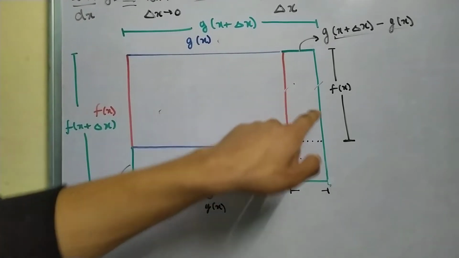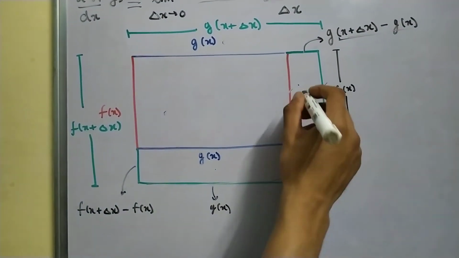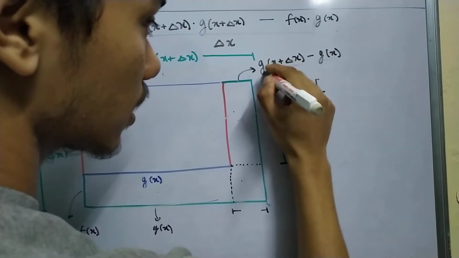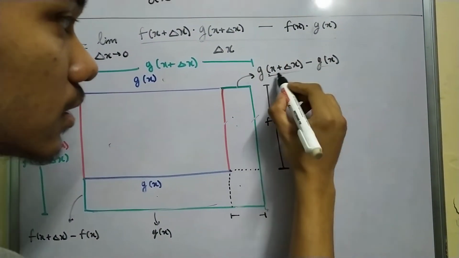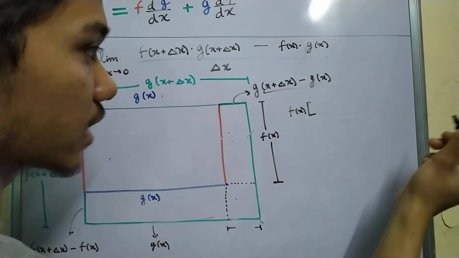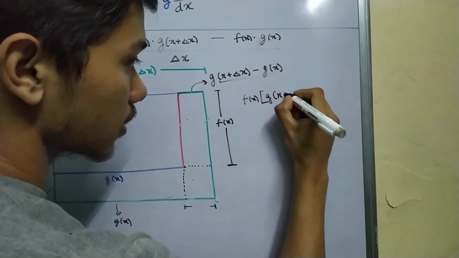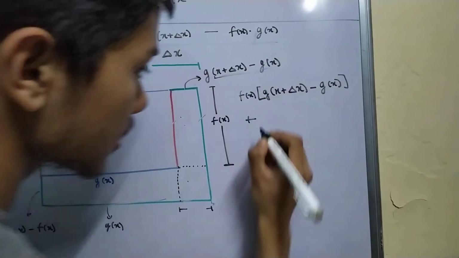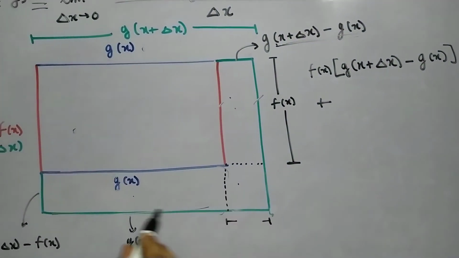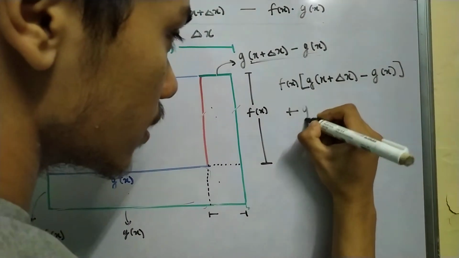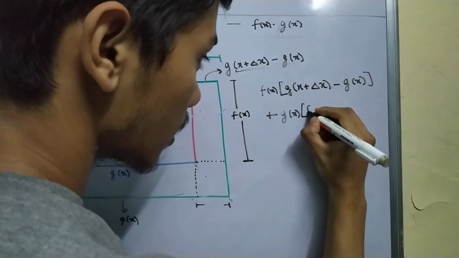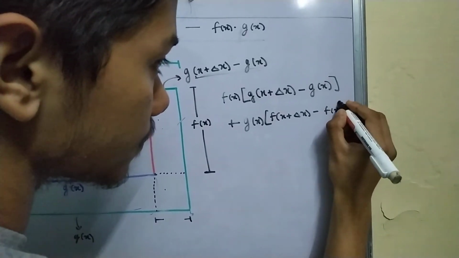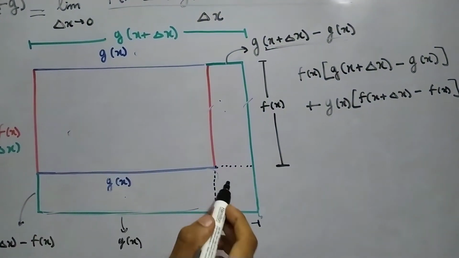So you have areas 1, 2 and 3. So area 1 will be equal to f of x times this length times this length. This length is g of x plus delta x minus g of x. So I'm just writing this down, plus this area, it will be g of x times f of x plus delta x minus f of x, plus this area.